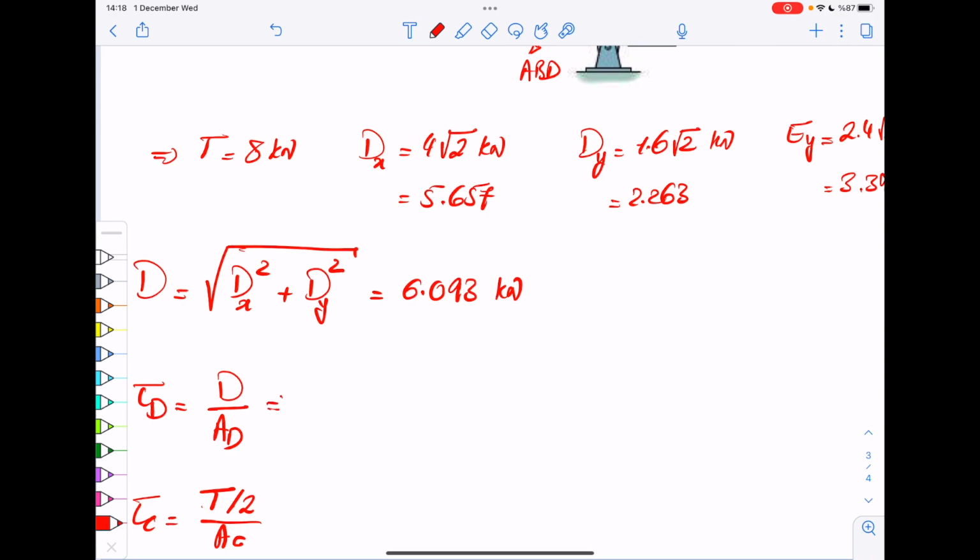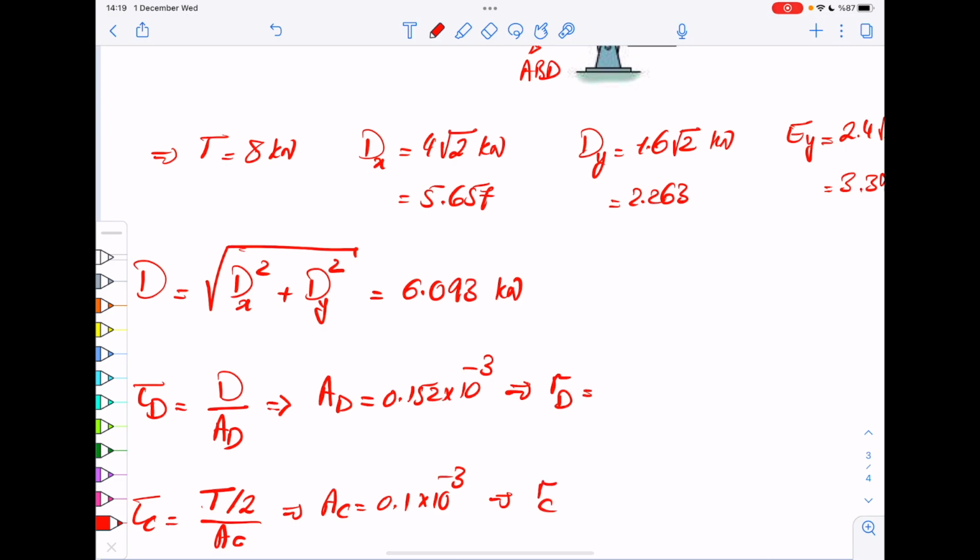So here, if you do that, therefore you get AD to be 0.152 times 10 to the minus 3. Here you get AC to be 0.1 times 10 to the minus 3, and therefore you can calculate the required radius or diameters for that matter.